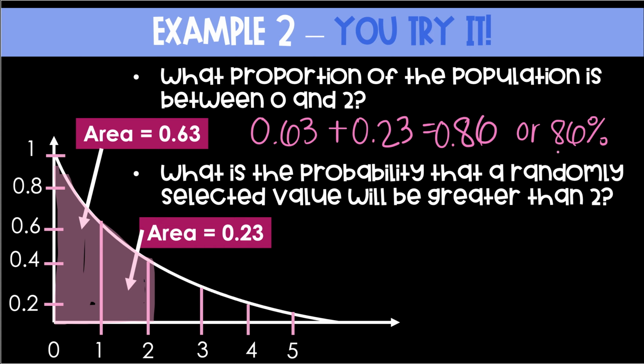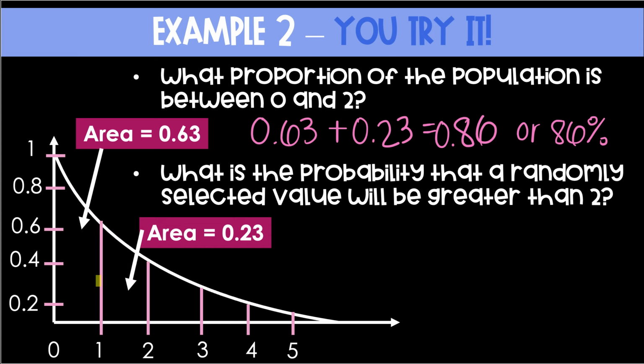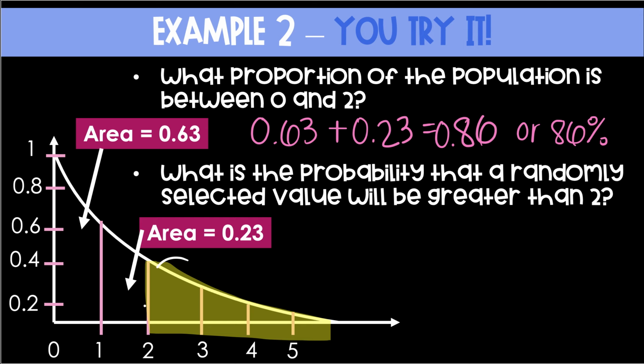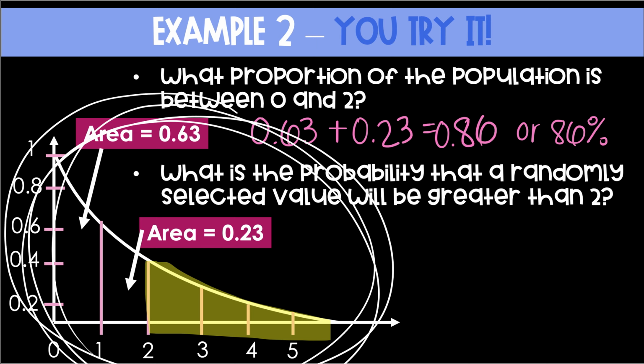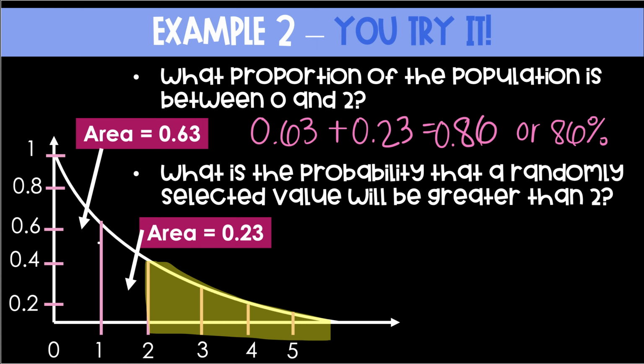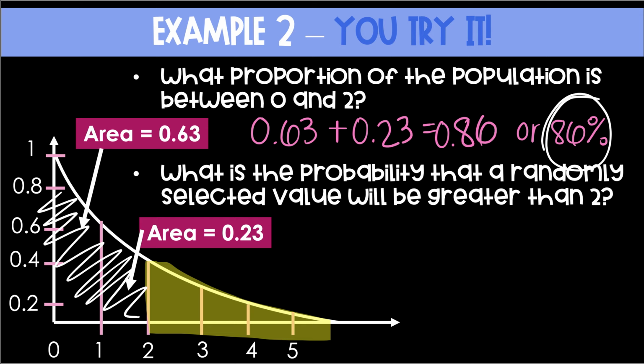What is the probability that a randomly selected value will be greater than 2? Now I want all of the area after 2 under the curve. We're not given any information on these individual sections, but we do know that the entire area under the curve is 1. And I know that what I don't want, this portion right here, is 86%.